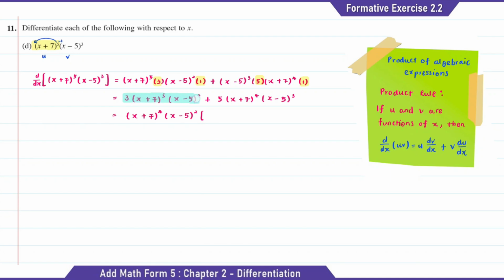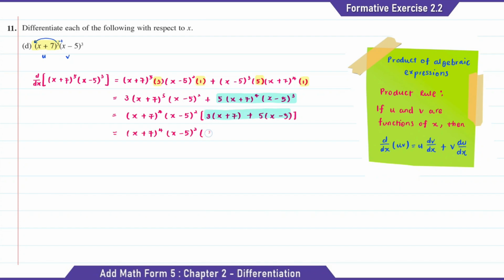To get the first terms here, then this common factor will need to multiply by 3 and x plus 7 to the power of 1 plus, to get the second terms here, then this common factor will need to multiply by 5 and x minus 5 to the power of 1.